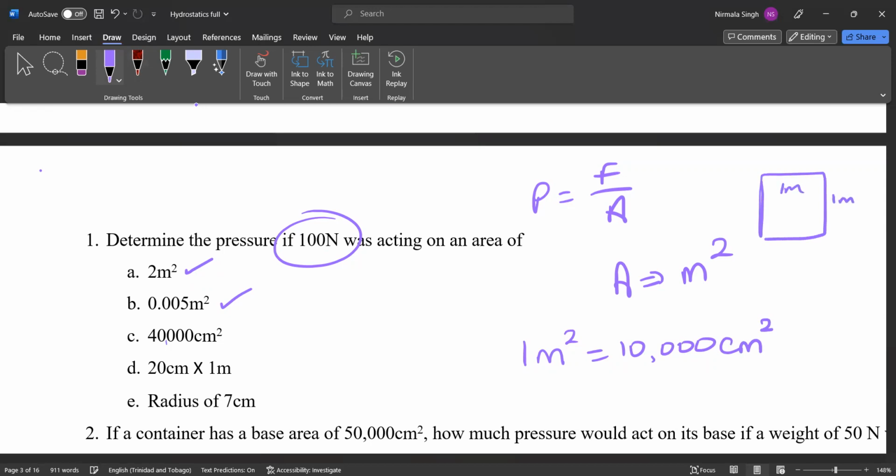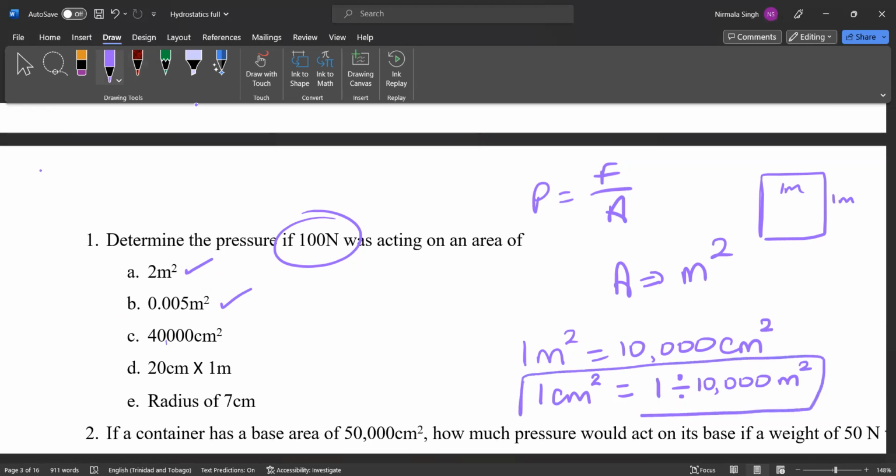So 1 cm squared is equal to 1 divided by 10,000 meters squared. So anytime you want to convert from cm squared to meter squared, all you have to do is divide by 10,000. Make sure you write that down and remember it.